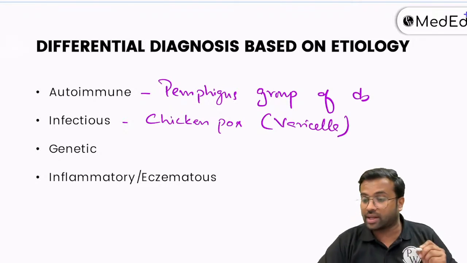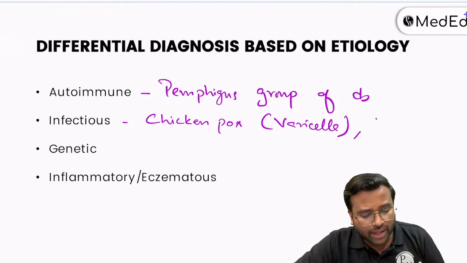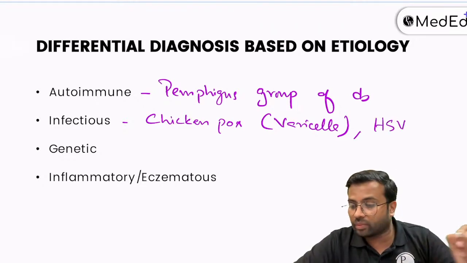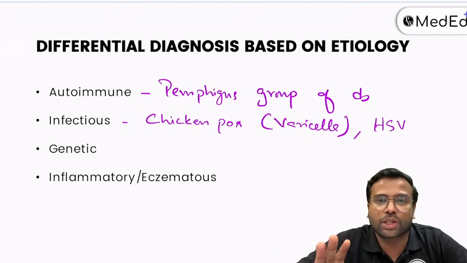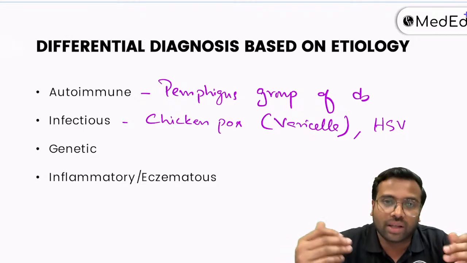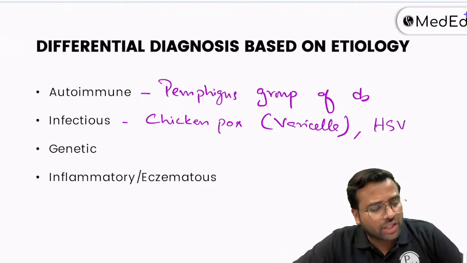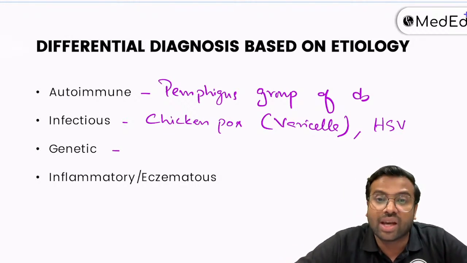Another example can be HSV, that is, herpes simplex virus infection. In all those infections you can have a patient who has vesiculo-bullous lesions over the trunk. In genetic, again, there are some diseases, say Darier disease, Hailey-Hailey disease, all those are inherited diseases.